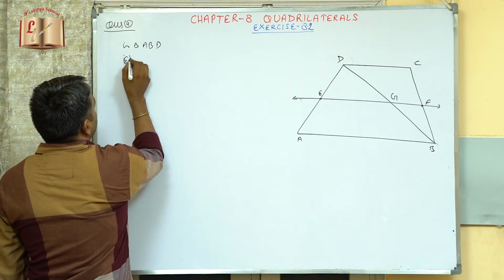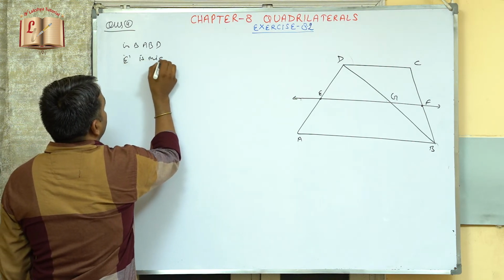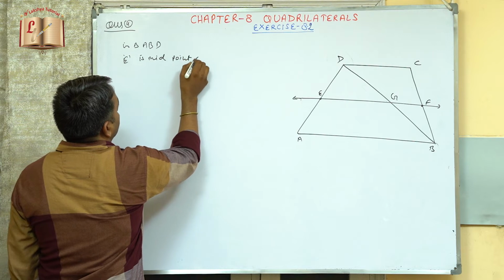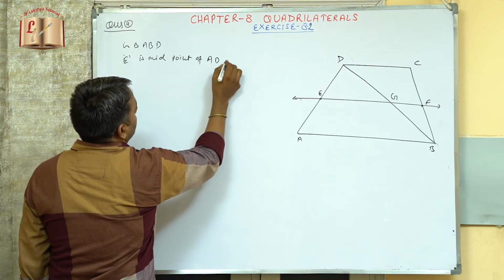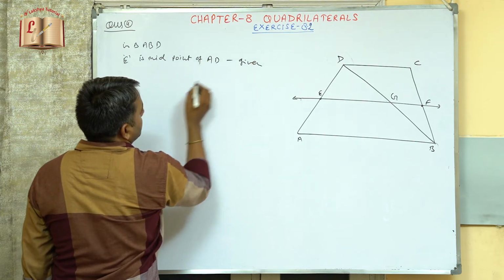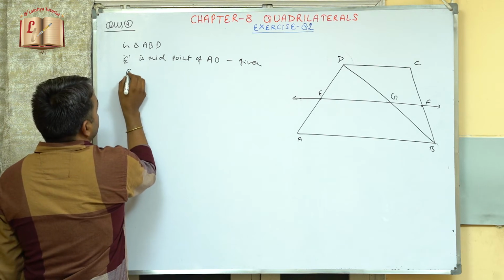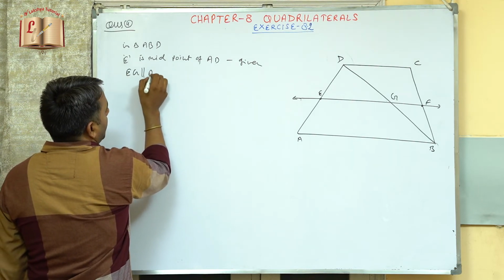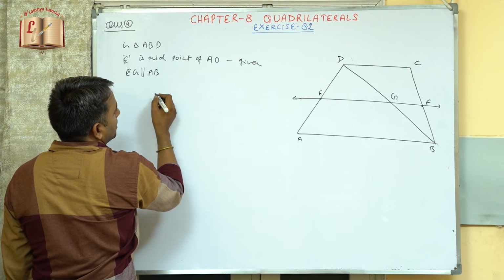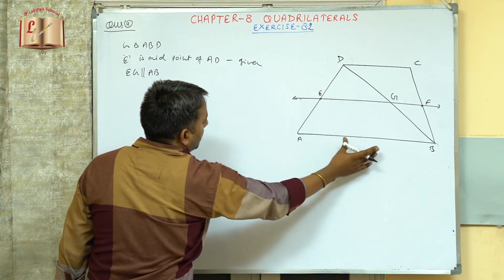E is the midpoint of AD. This is already given to us, and this EG is parallel to AB.